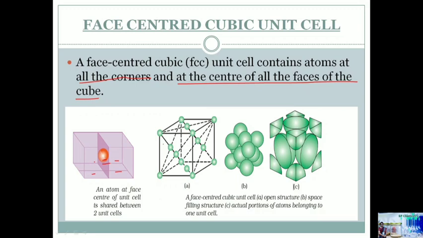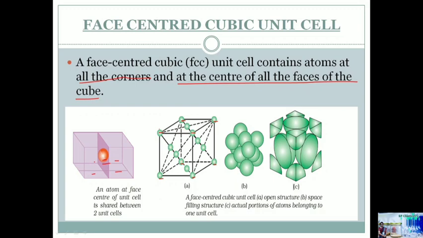Then here in the open structure, just imagine a 3-dimensional structure of a cube. As we know, a cube has 8 corners, here 4 corners, 4 atoms, below 4 corners, 4 atoms. So as a whole, a cube has 8 corners, 8 atoms are present.